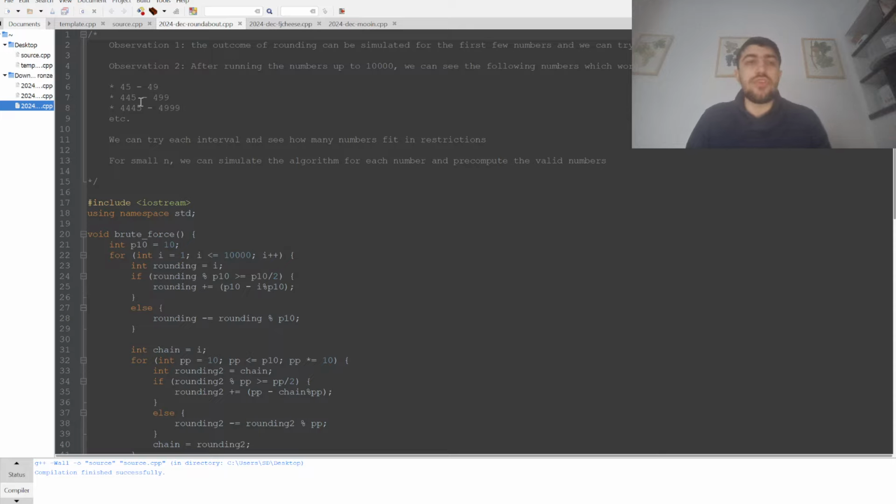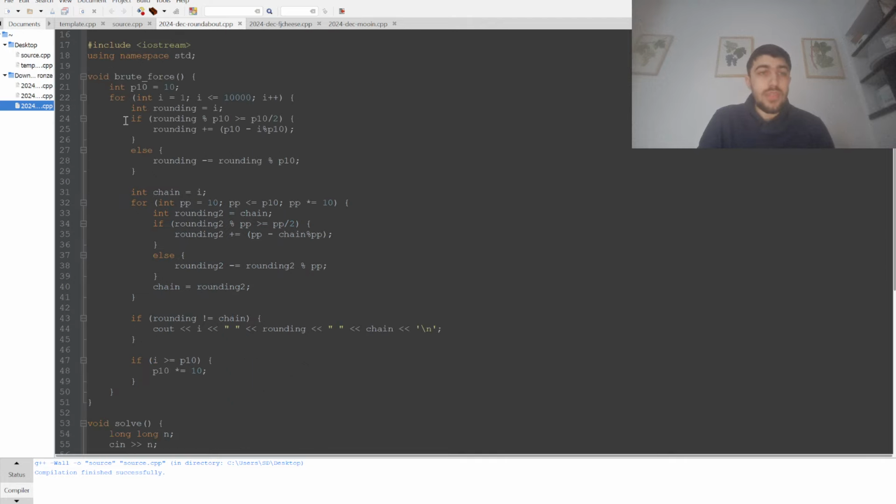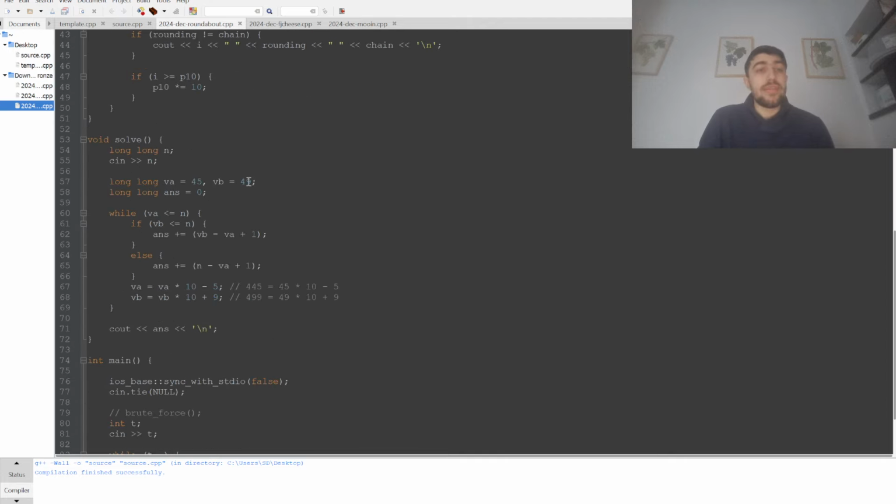Python users don't have this problem. You can multiply them without having to deal with integer overflow. And this is actually what I ended up doing in the optimized solution, where I started with the range for 45 to 49. And while the leftmost value was at most equal to n, I had two cases.